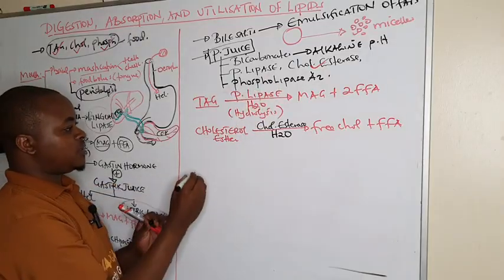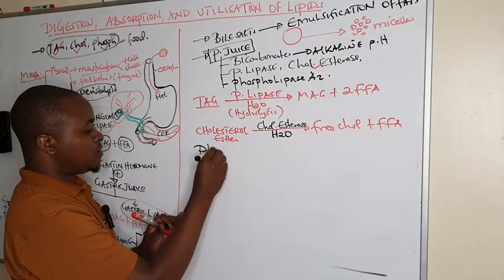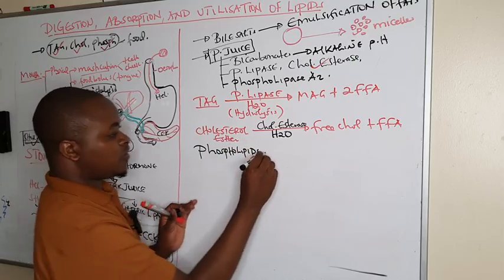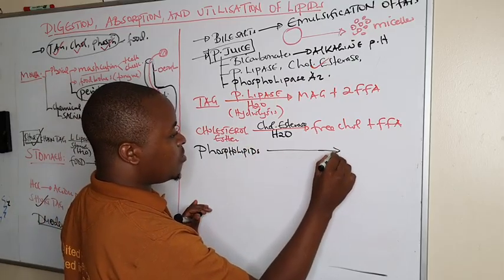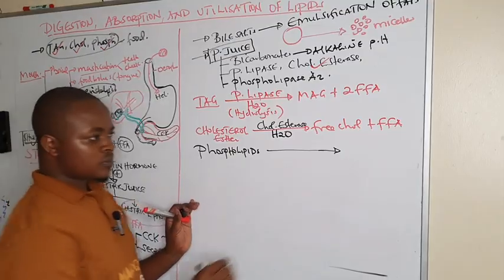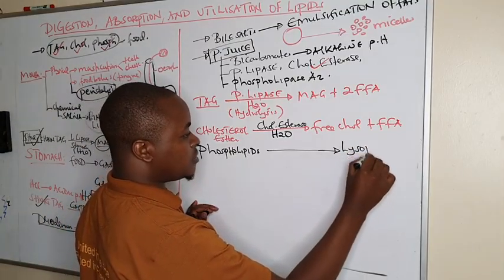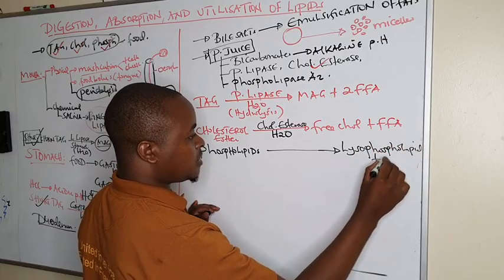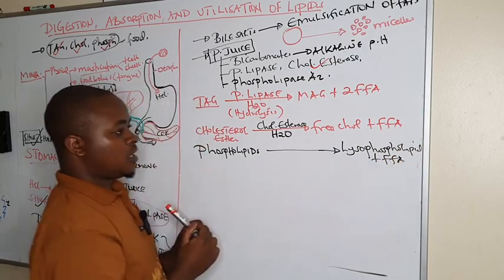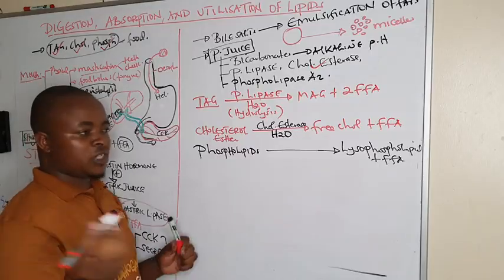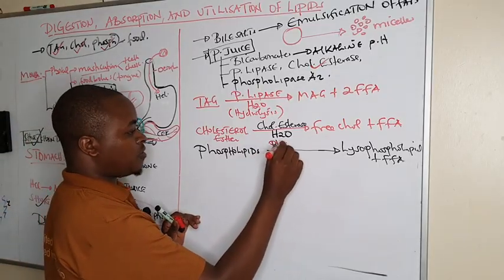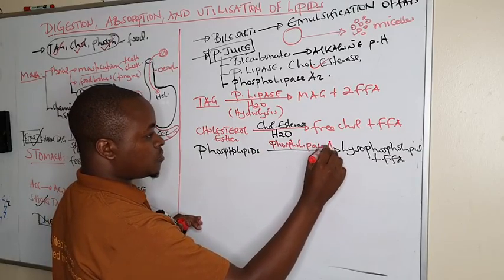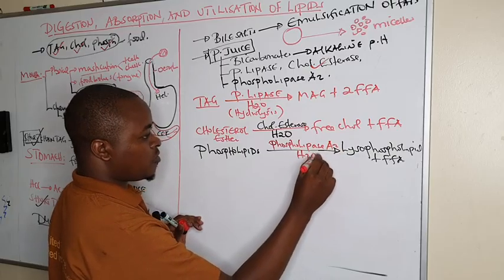Whereas phospholipase acts on the phospholipids, because the same food we take contains phospholipids, and these phospholipids are broken down by phospholipase A2 to lysophospholipid plus free fatty acid. And the enzyme that is catalyzing this reaction is phospholipase A2 in the presence of water.